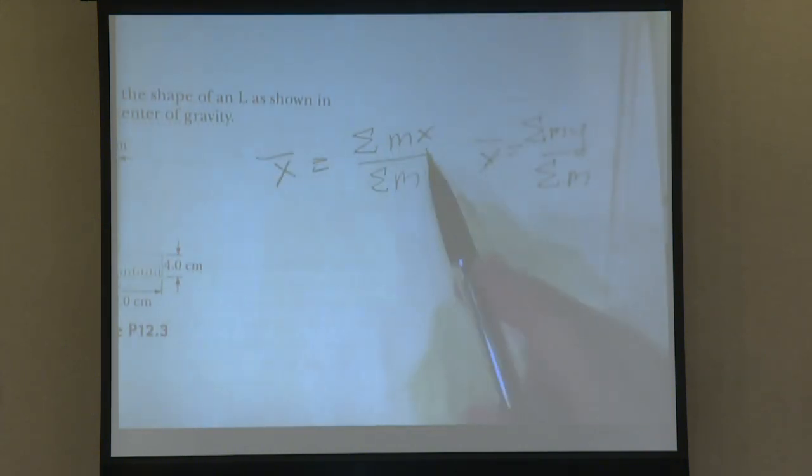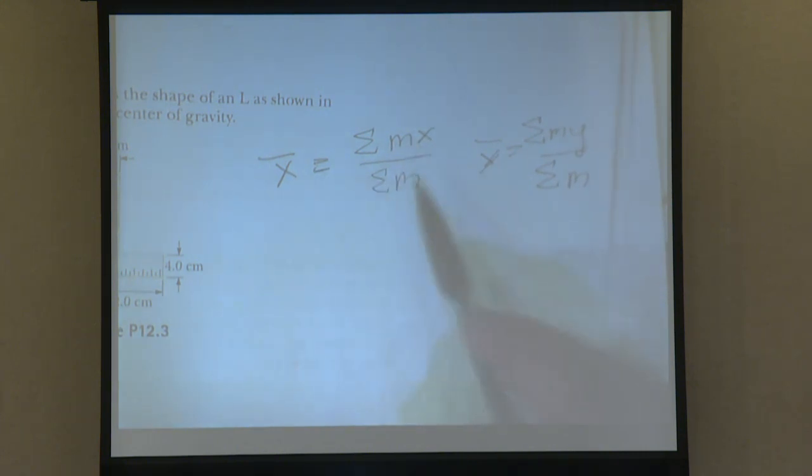So this is just telling us that all of our distances combined times our mass over our mass is going to give us where our center is.